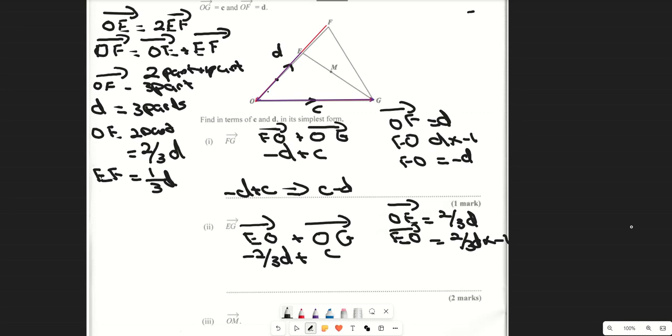C. So you could simply put C minus 2 over 3D, and that would give you EG, right? Because the starting point is E, ending point is G. That is how you would do this part here.